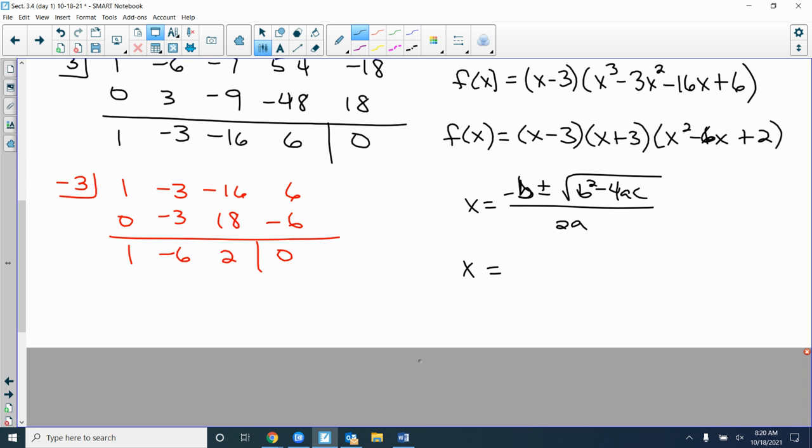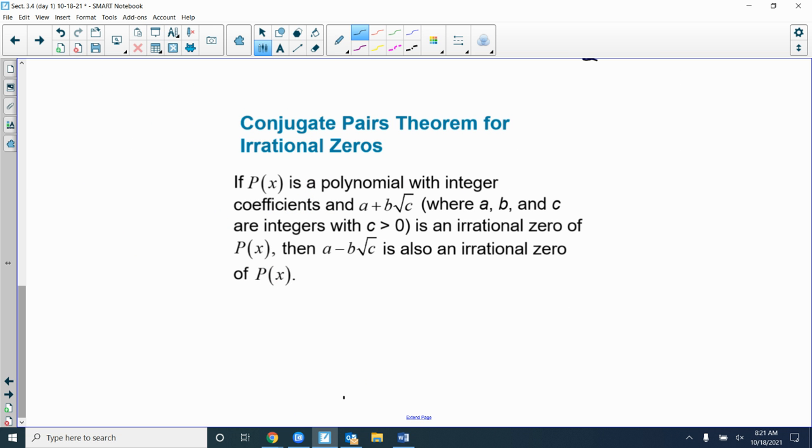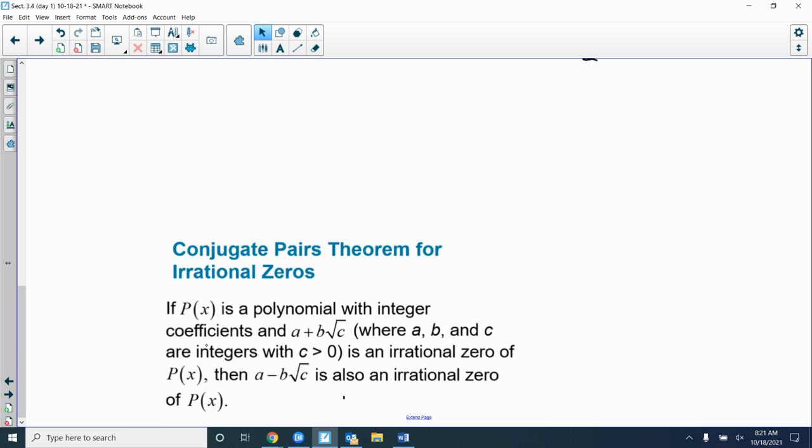X equals, all right, opposite of negative 6 is 6, plus or minus square root of b squared, negative 6 squared is 36, positive 36, minus 4 times 1 times 2 over 2 times 1. All right, I got the conjugate pairs theorem. I'm going to need to move this down out of the way.